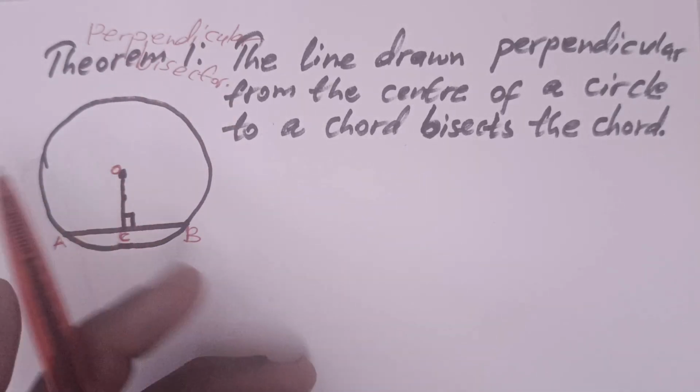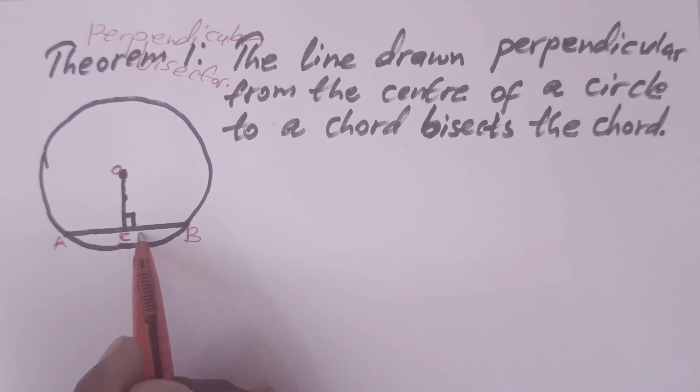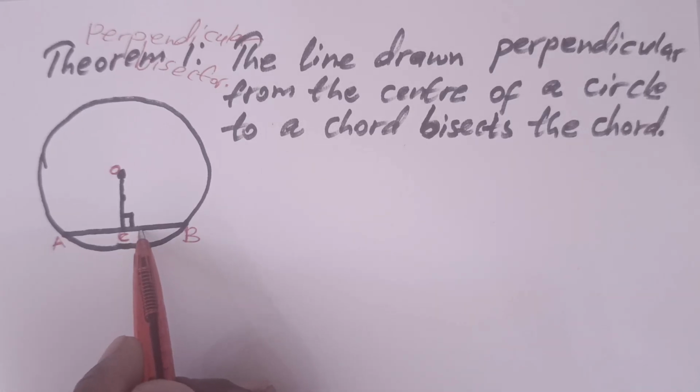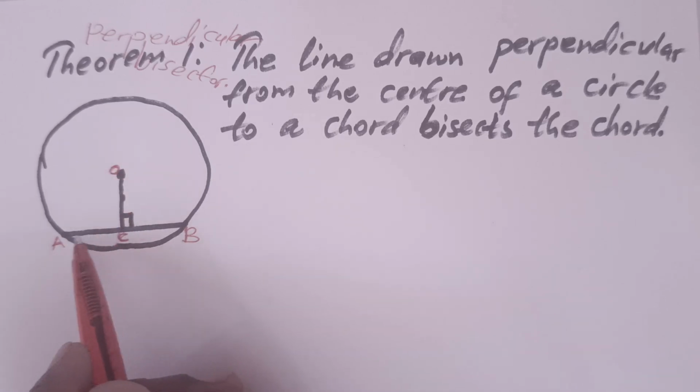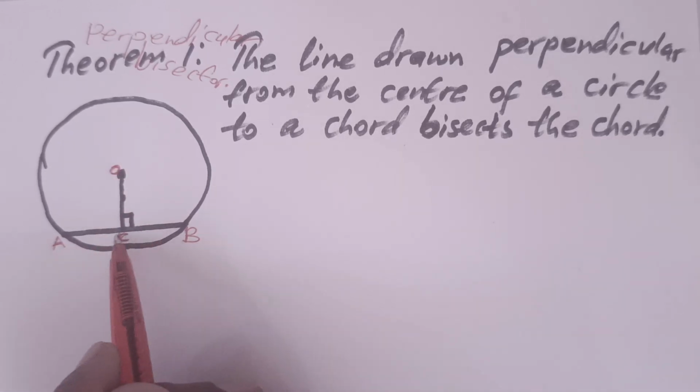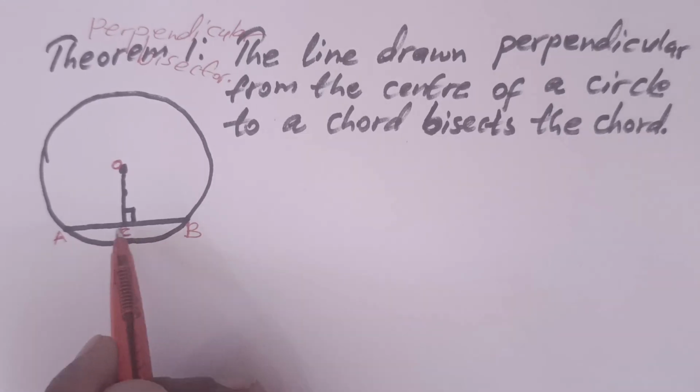The line OC forms what we call the midpoint at C, because the line drawn bisects the chord. So C becomes a midpoint such that BC is equal to AC.